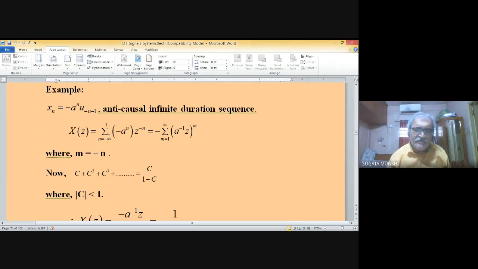So in this expression, on substituting m equal to minus n, because the summation extended from n equal to minus infinity to n equal to minus 1, that's why in this expression minus n has been replaced by m. So we have landed up with that type of expression.